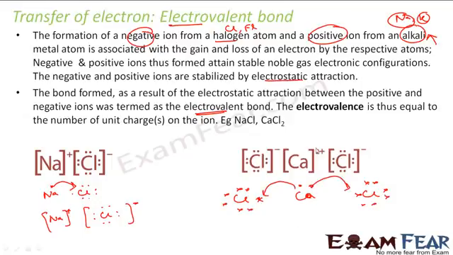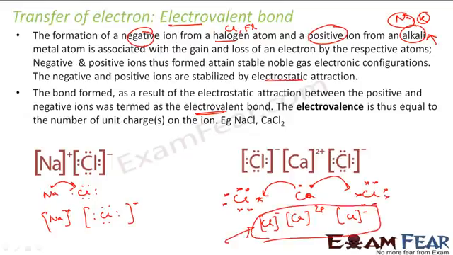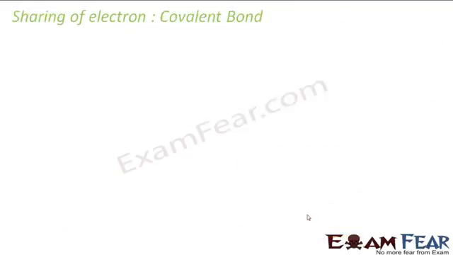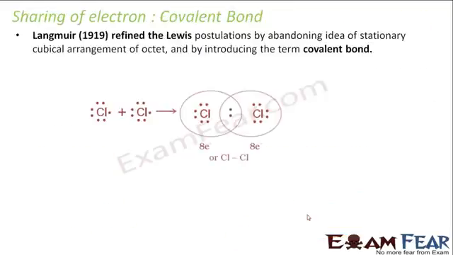Calcium gets a positive charge of 2 plus, and each chlorine gets a negative charge, and then they are held by electrostatic force of attraction. This kind of bond is called an electrovalent bond, and the Lewis approach is able to explain this kind of bond, right?